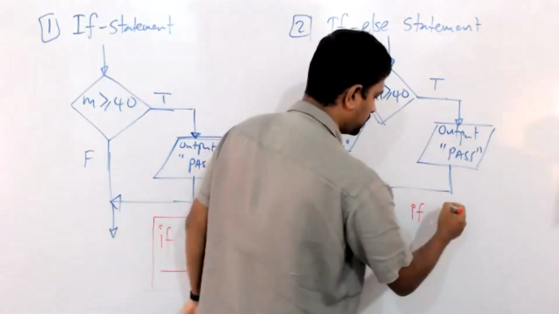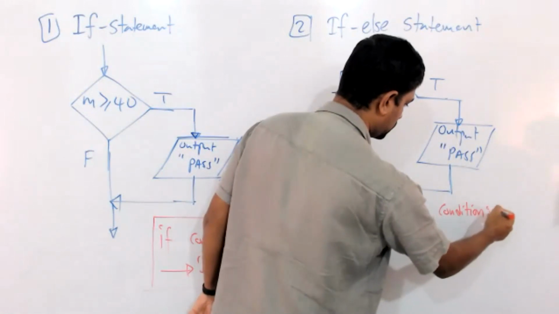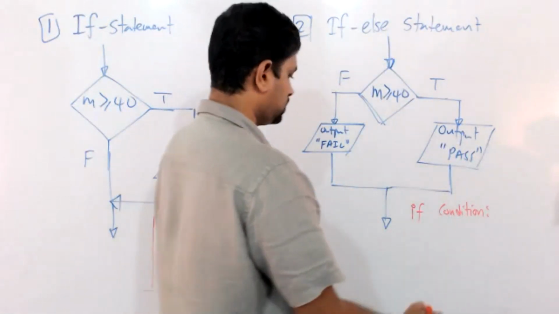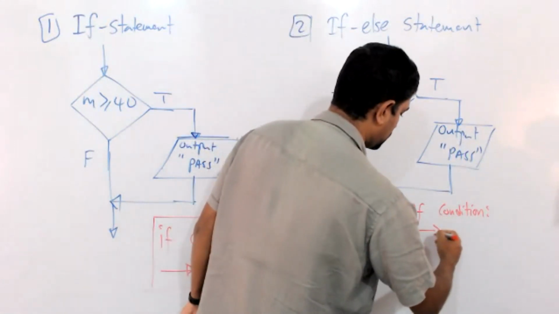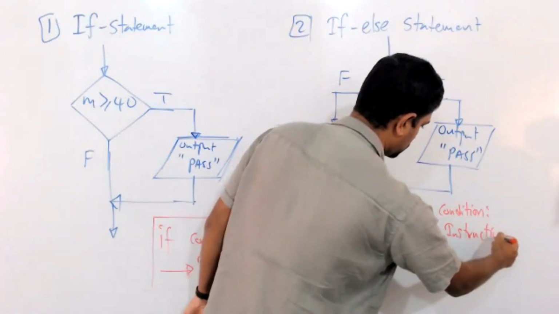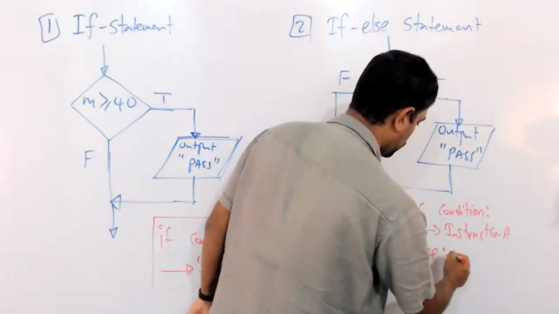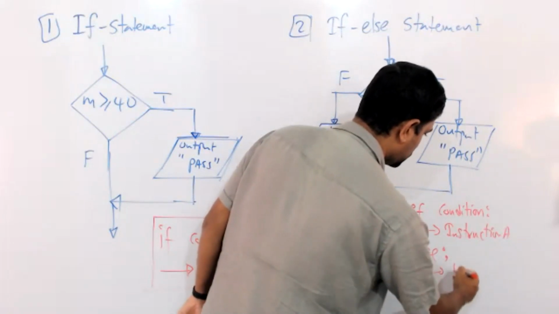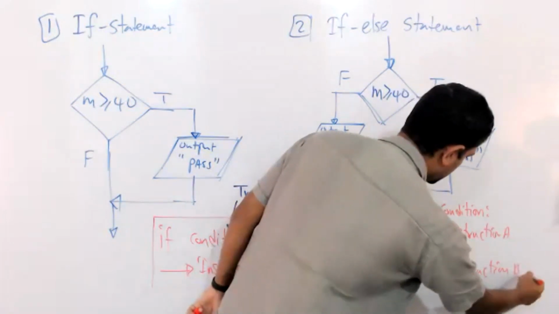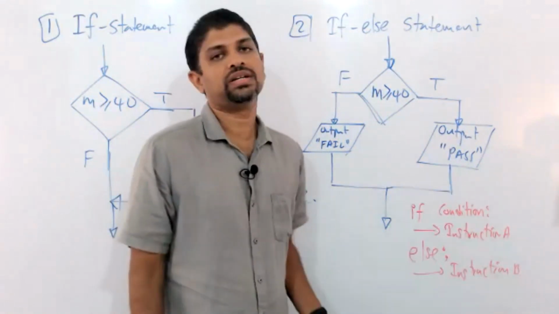If, then put a condition, put a colon, then let's say instruction A, then else, again colon, then after a tab, instruction B. So A or B is selected depending on the condition.